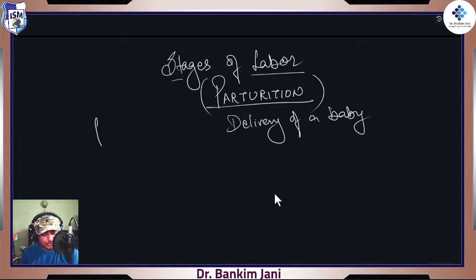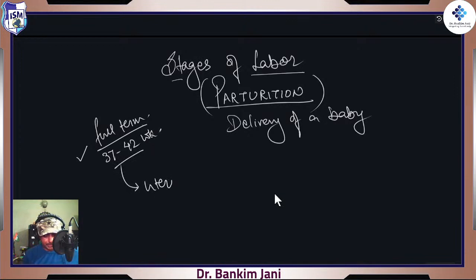So this is full term, that is 37 to 42 weeks, and that's the stage that has arrived. So about 37 to 42 weeks of gestation, and now the uterine contractions have started. We'll be watching it in more detail.